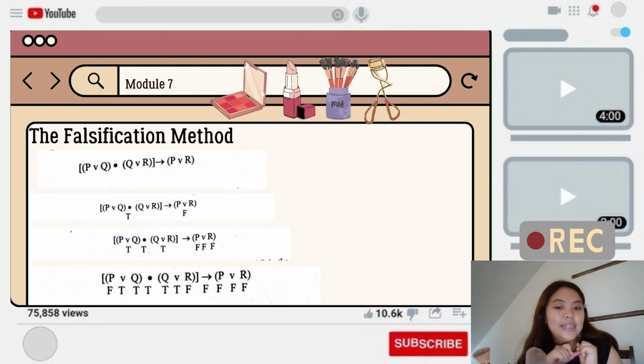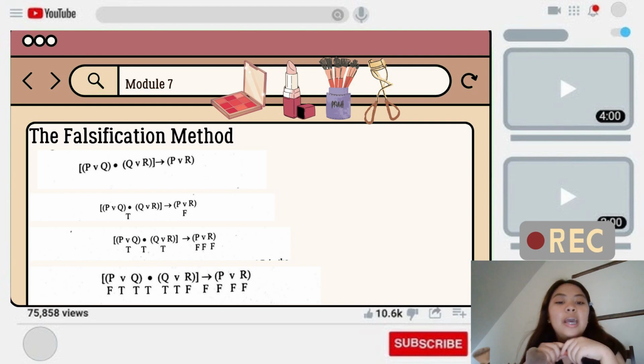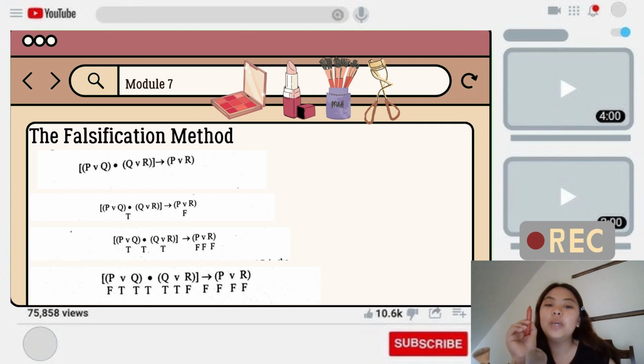You begin your analysis from the conclusion. If P or R is false, this means that both P and R are also false. If the premise set is true, this means that both alternations, P or Q and Q or R, are true. If P and R are false, the same value should be assigned to P and R in the premise set.